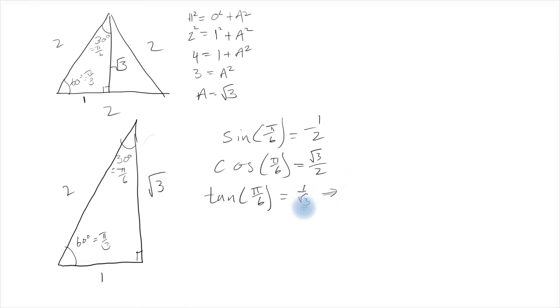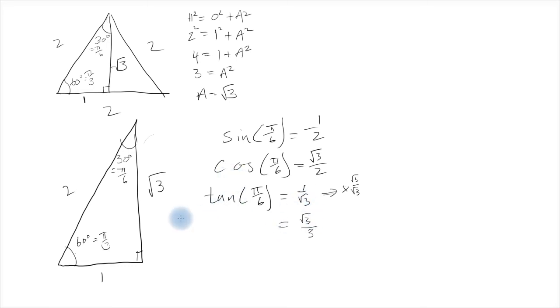It's kind of a neatness thing. So what you can do is multiply this by root 3 on root 3, because root 3 on root 3 is 1. So if you multiply by 1, you're not doing anything. Then you get 1 times root 3, that's root 3, divided by root 3 times root 3 is 3. So you could call tan pi on 6 root 3 on 3, or you could just leave it as 1 on root 3. Either is fine.